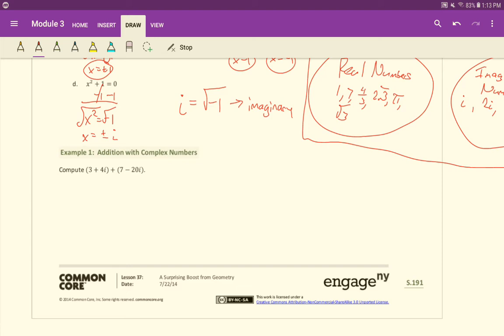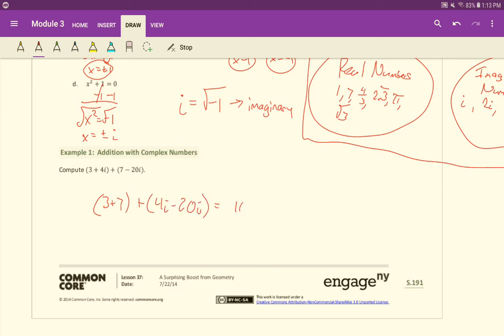So it turns out that when we add, we're basically just going to combine like terms. So real with real, 3 plus 7, so it's going to be 10. In fact, maybe I'll do it even more explicitly. 3 plus 7, we'll group those two together, plus the 4i minus the 20i, like so.